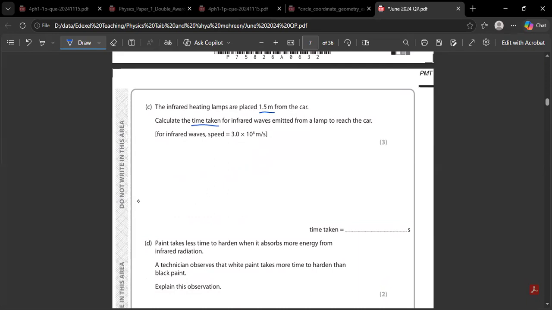So how can we find the time? The wave speed is 3.0 into 10 to the power 8 meter per second, the distance is 1.5 meter from the car, and we have to find out the time.